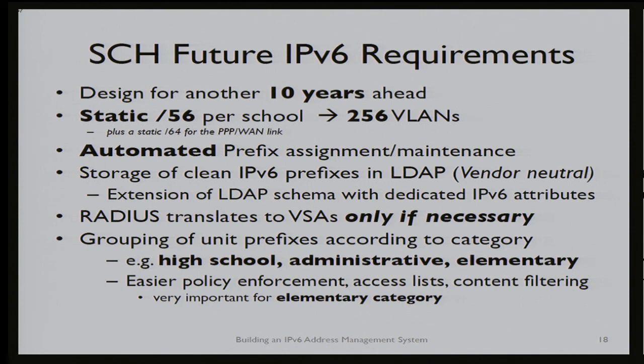As I've said, we have very sophisticated content filtering, and being able to enforce our policy is very important, especially for the elementary category, which is full of underage minors. So we took extra care, or at least we're trying to make all the right choices in that regard. So about the IPv6 pool dimensioning, we'll assume that we'll have double the units in like 10 years, which is not going to happen.